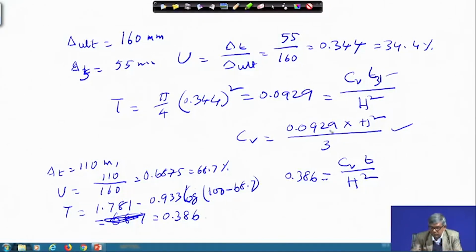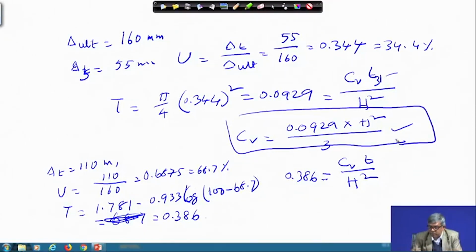So, if I substitute C V from here into this equation, then I will get T for 110 millimeter settlement.